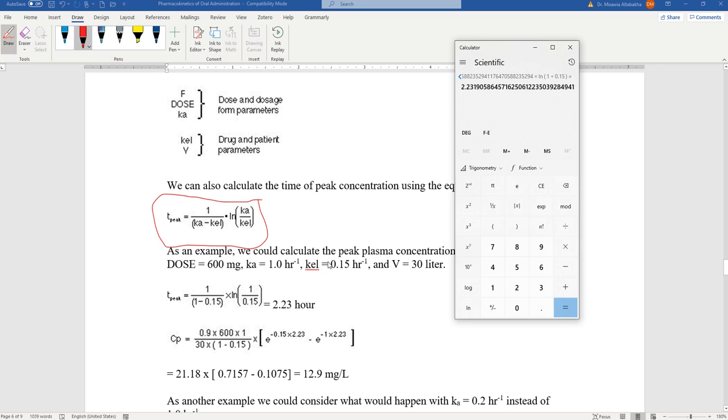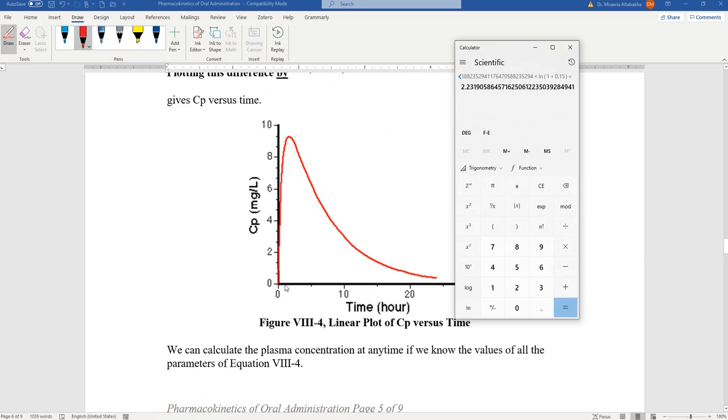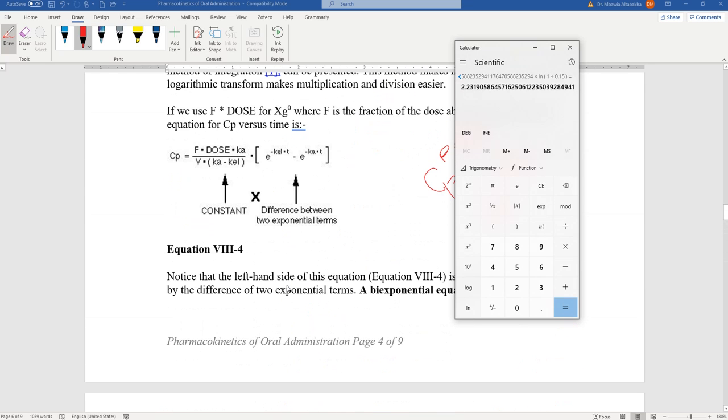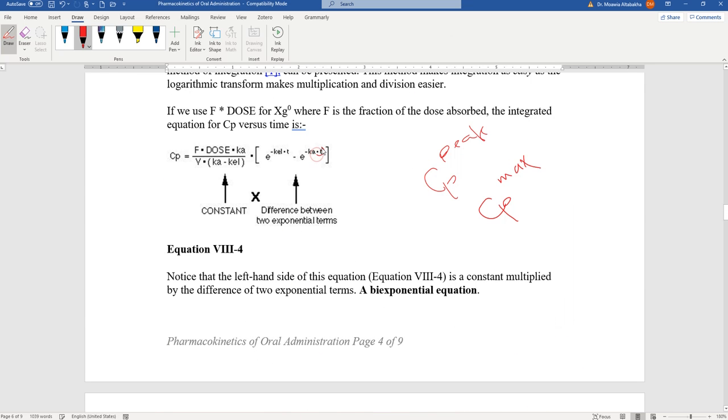2.23 hours. What do I do after that? I take this time and substitute it in the equation here. So here we will have T peak. These two are the same.